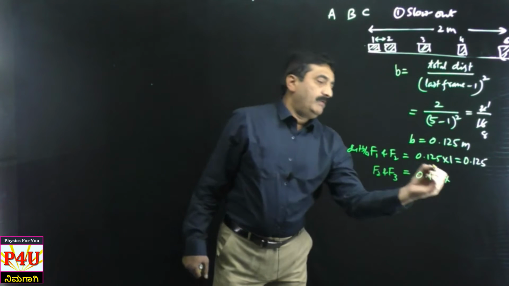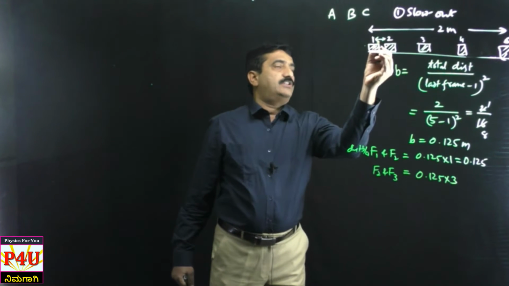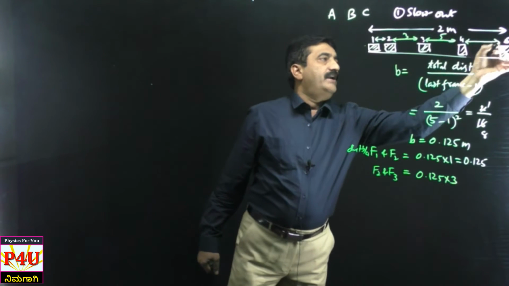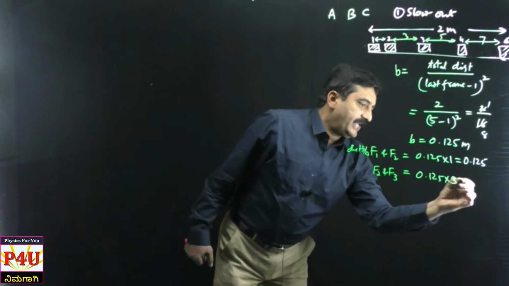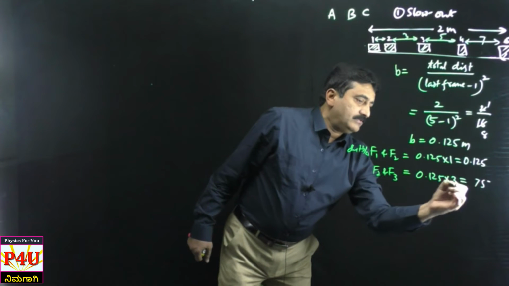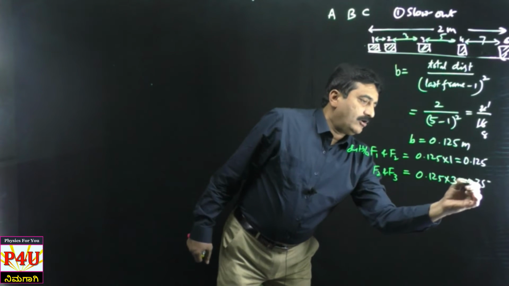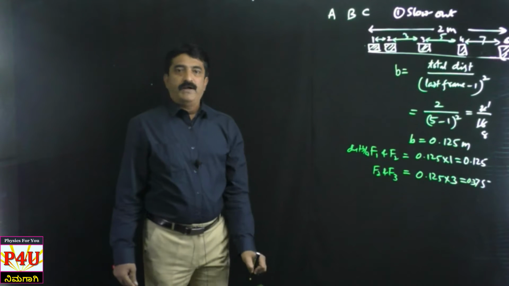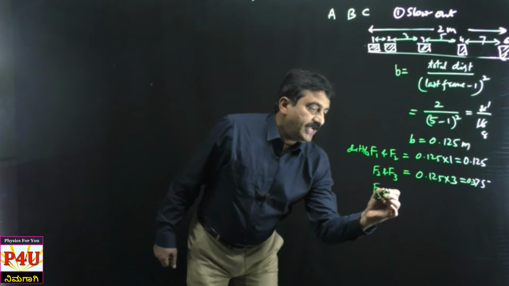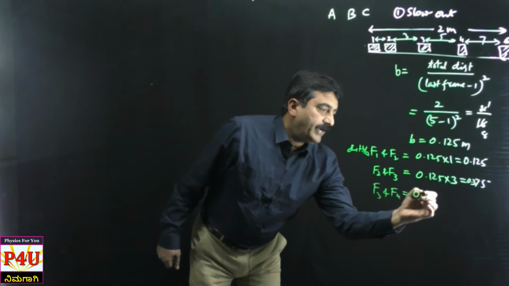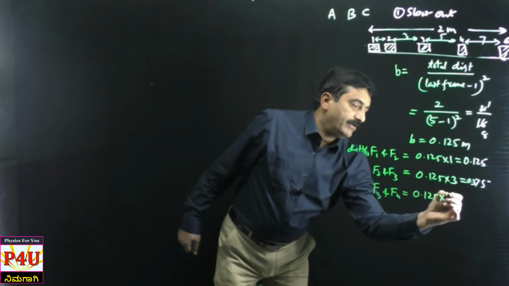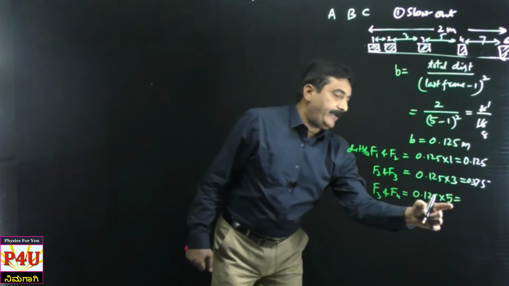This is odd rule, multiplied by 3. So here to here it is 1, here to here it is 3, here to here it is 5, here to here it is 7. I hope you got it. So multiply 3 5s are 0.375. Got it? Next, distance between F3 and F4 is 0.125 into what? It is 5. This is odd rule. Okay, simplify.